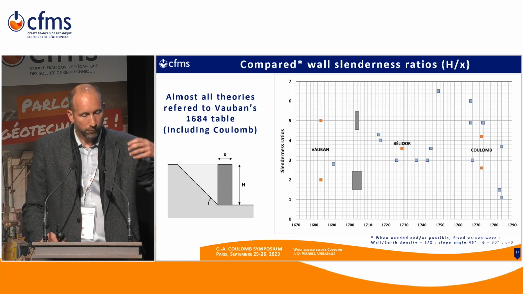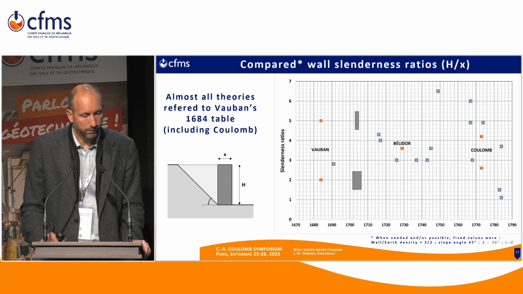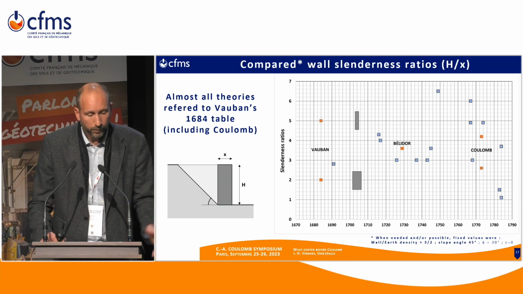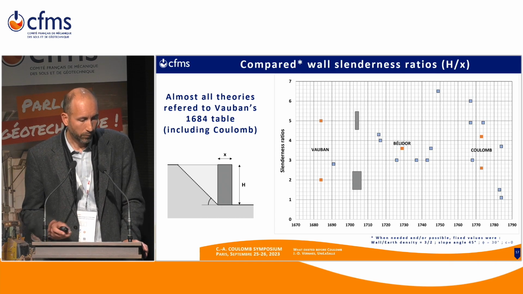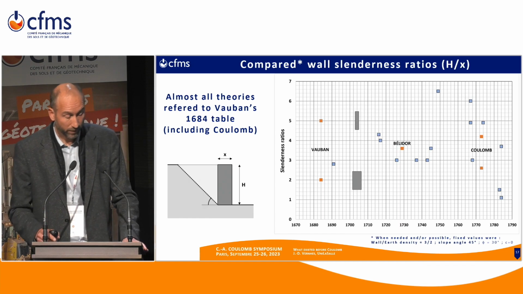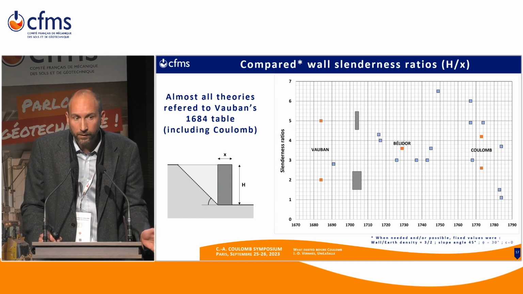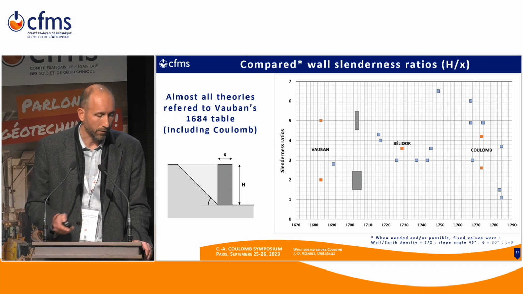So it was only a rational analysis of those theories that could make one of them the best of them all. But for sure, they all tried to calibrate their theories on Vauban's results, and absolutely not at this time anyway on laboratory testing or anything else.